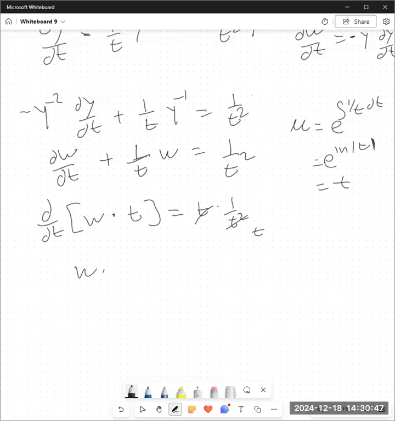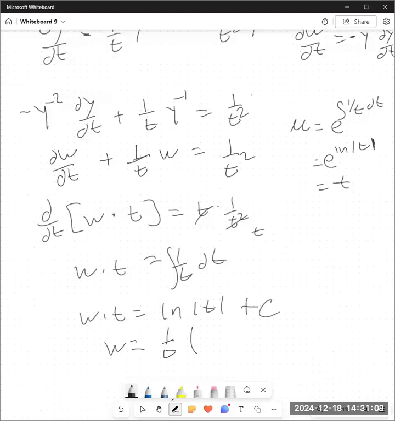So w times t is equal to the integral of 1 over t dt. So that's w times t is equal to ln of the absolute value of t plus c. And w is equal to 1 over t times ln of the absolute value of t plus c, like that.